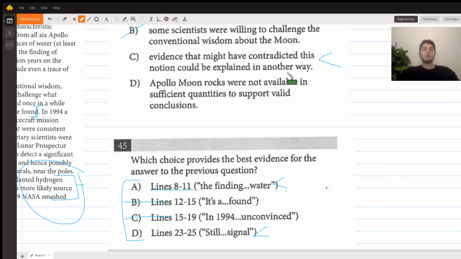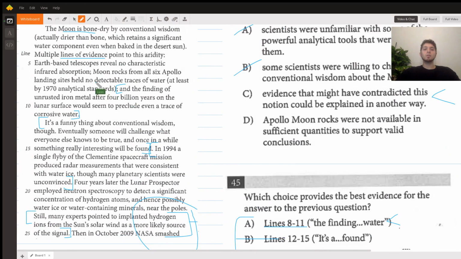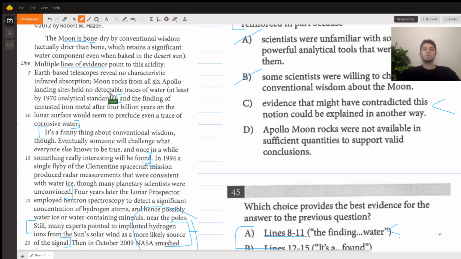It matches D. Here, answer choice D says Apollo moon rocks were not available in sufficient quantities to support valid conclusions. So this should be wrong because none of the answer choices that we looked at talk about Apollo moon rocks. So there's really no evidence that we have for this. Moreover, if we want, we can go back and notice how even way back here in the first paragraph, when they're talking about all the reasons for believing that the moon is completely dry, they mention that moon rocks from all 6 Apollo landing sites held no detectable traces of water, at least by 1970 analytical standards.